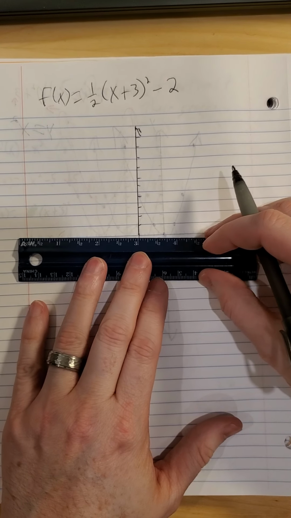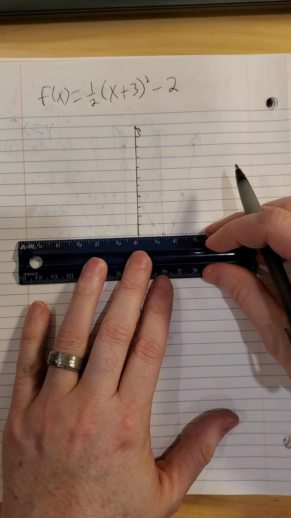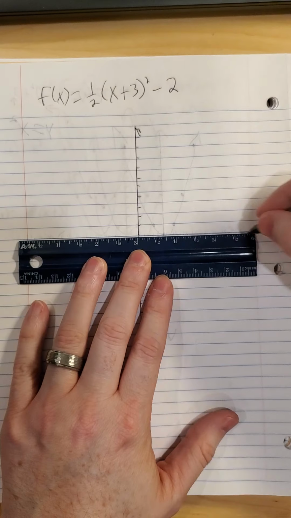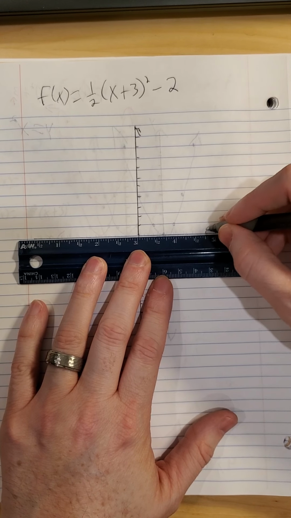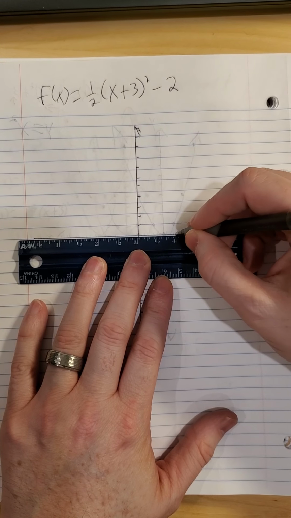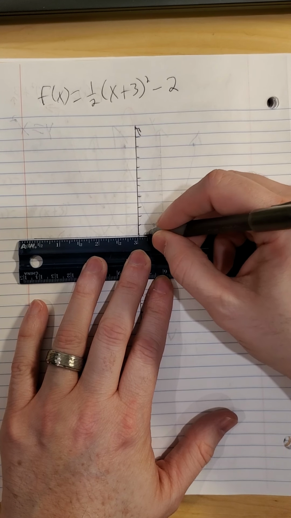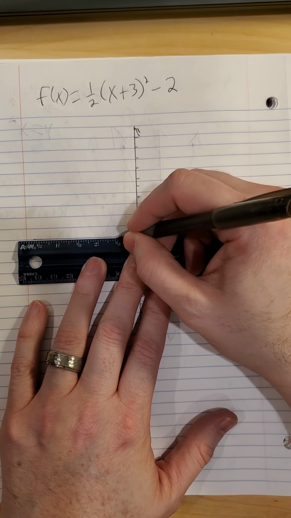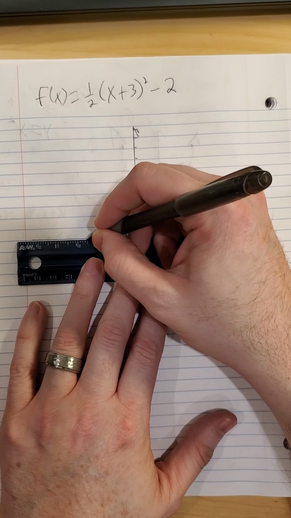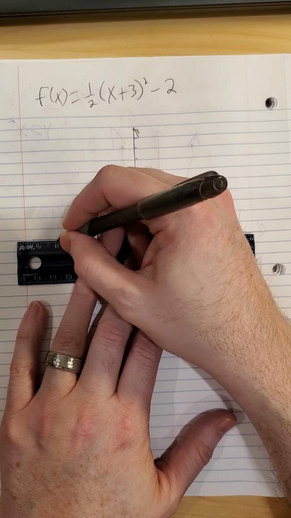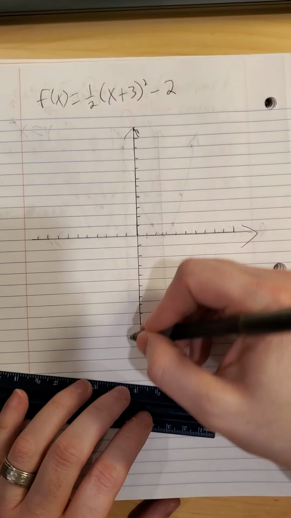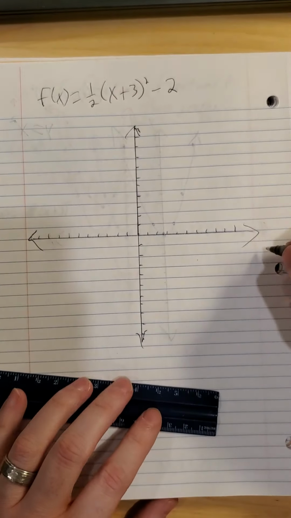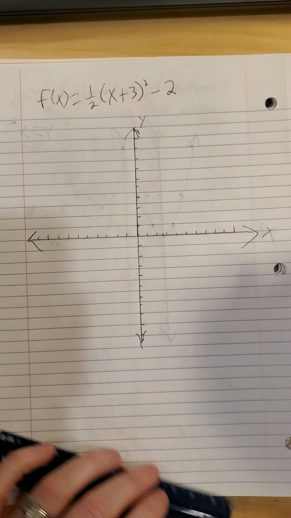Doesn't take up a ton of time there. And then just do the same thing with our horizontal guy. So every 1/4 inch, just a quick little hash mark. So here's our x-axis, our y-axis.